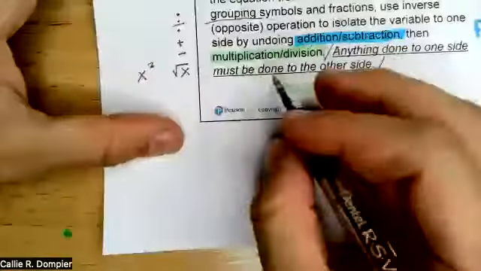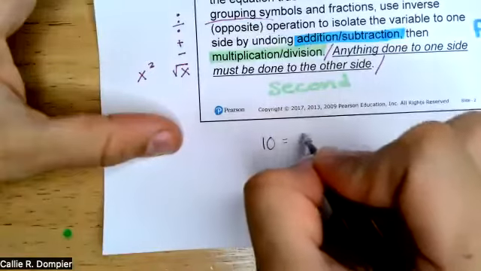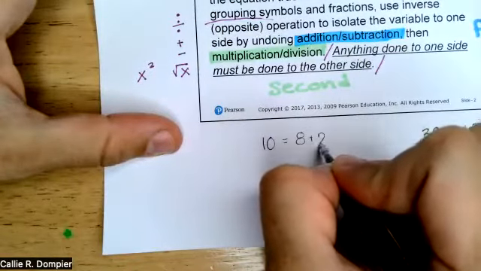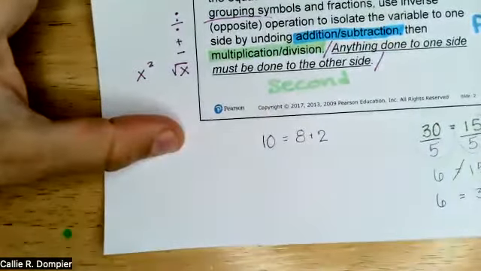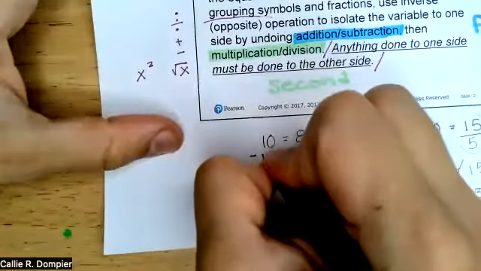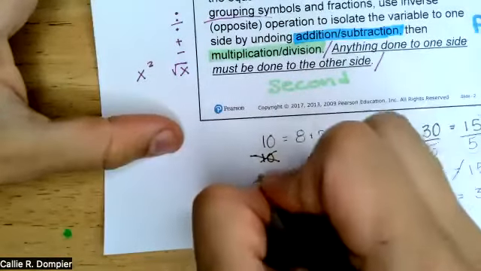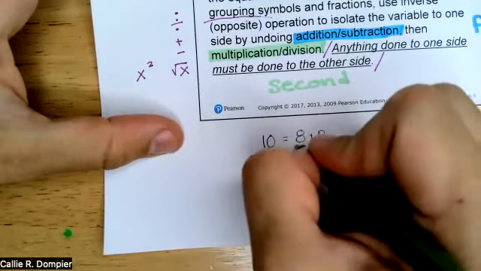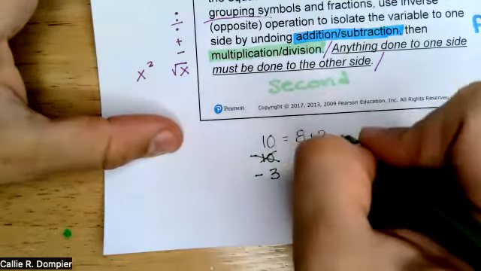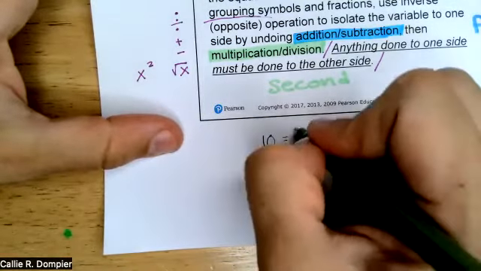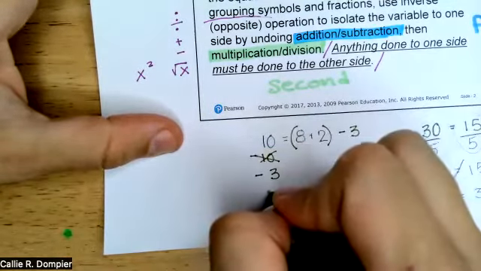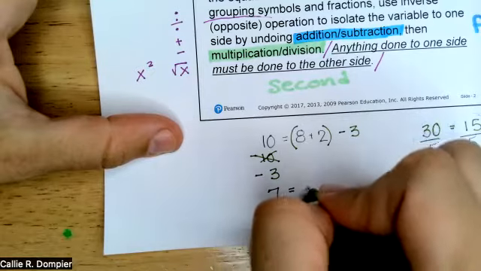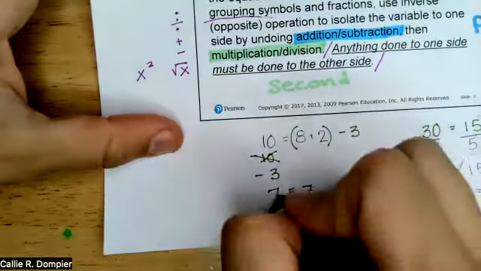If it's adding though, 10 is 8 plus 2. So I want to subtract 3. No, that's a foolish thing to do. I'm not going to subtract 3 from 8 and from 2. I'm just taking away 3 from everything. So 7 is 7, right?